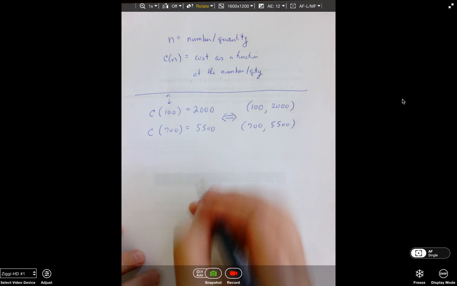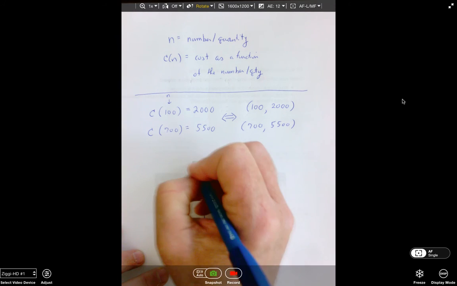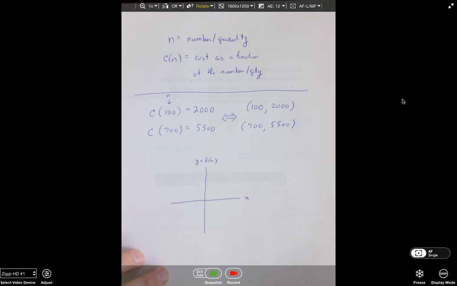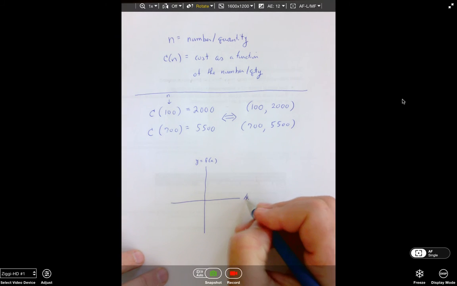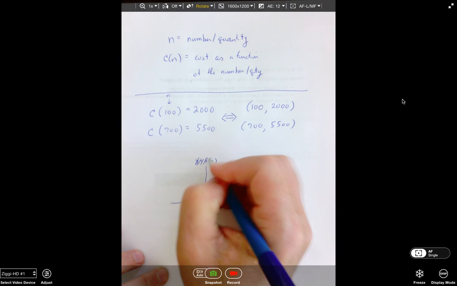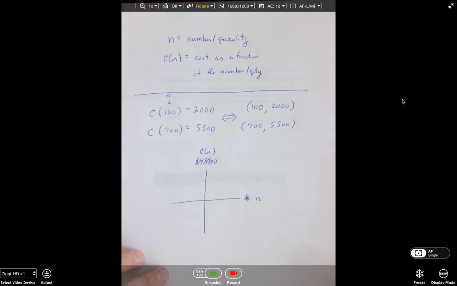So we're generically used to y as a function of x, but because of the nature of the problem, we've decided to call our independent variable n, and our dependent variable C of n.